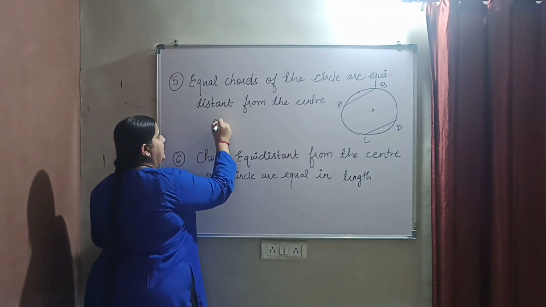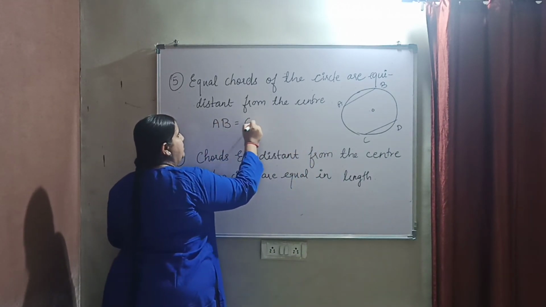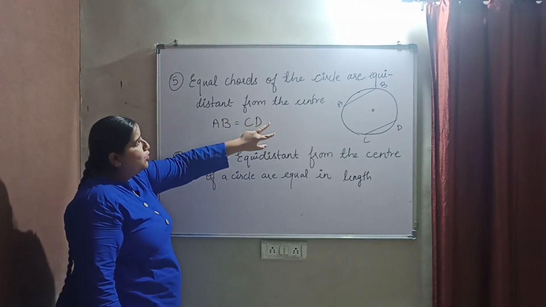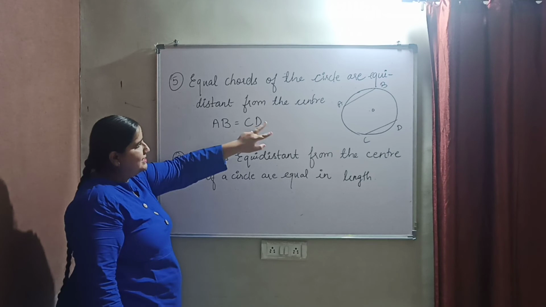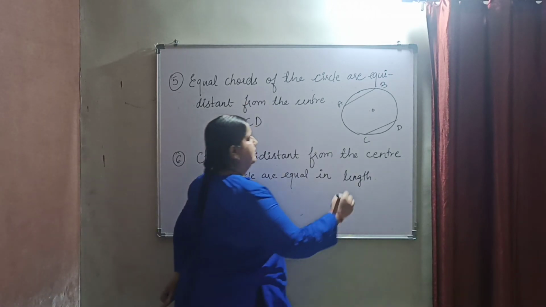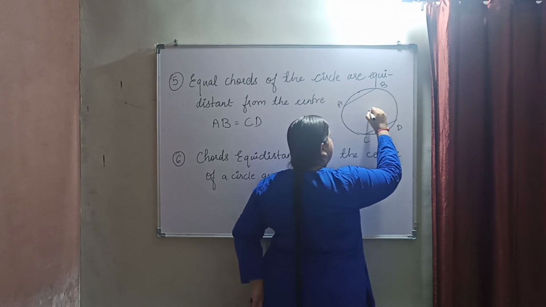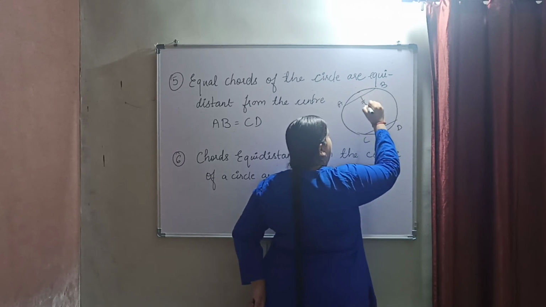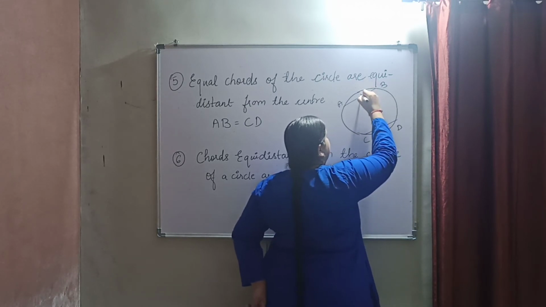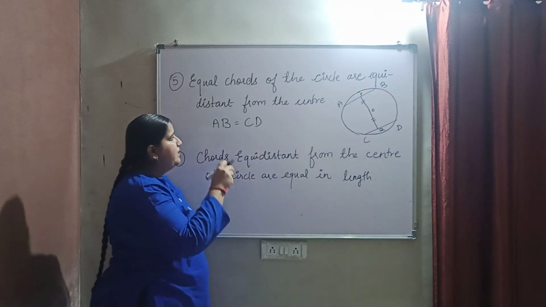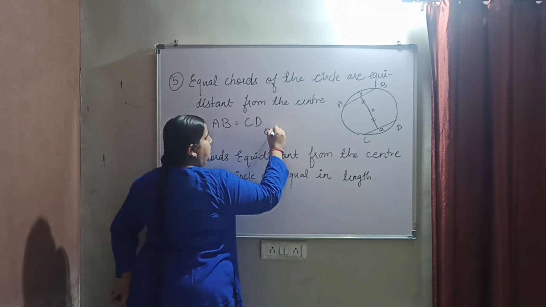You know that the length of AB is equal to CD. Then both these two chords AB and CD are equidistant from the center. That means the distance from center to this chord and the distance from center to this chord both of them are equal. Suppose this is OP and this is OQ. Then according to theorem number 5, OP is equal to OQ.